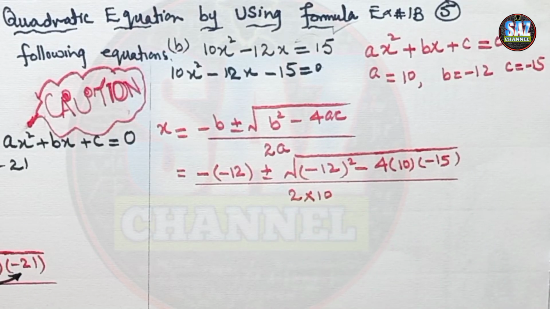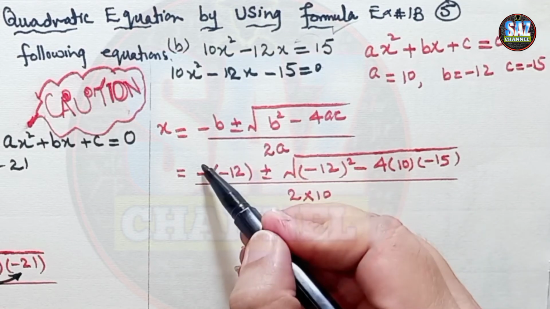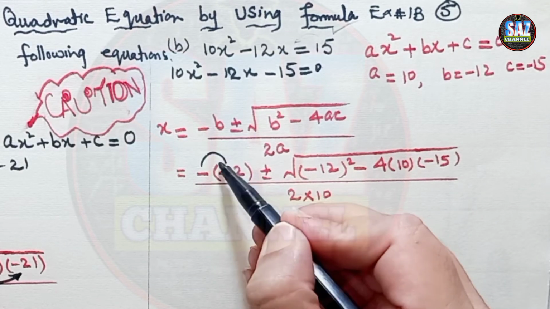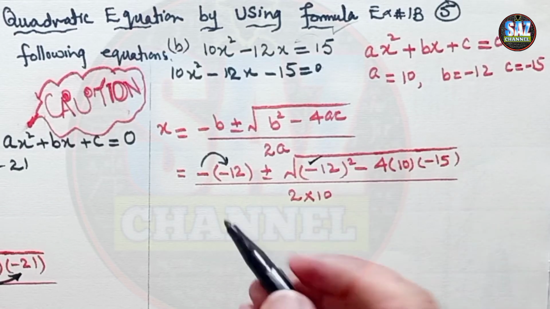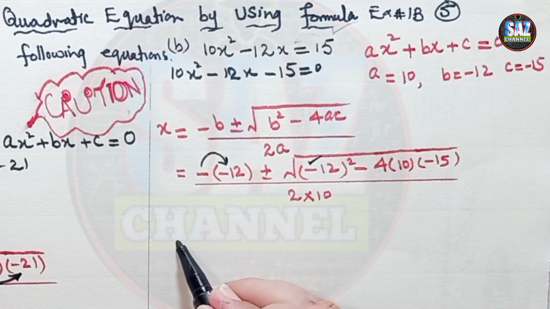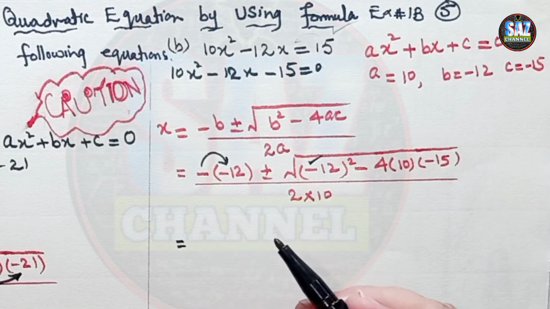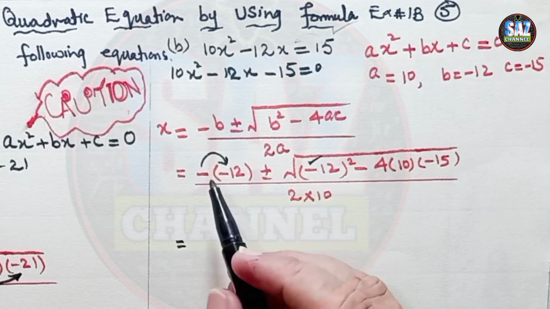Now what we have to do, recall that when we are multiplying two negative integers, they become positive, and the square of a number, whether negative or positive, has to become positive. These are the common errors that I'm repeatedly telling my students.